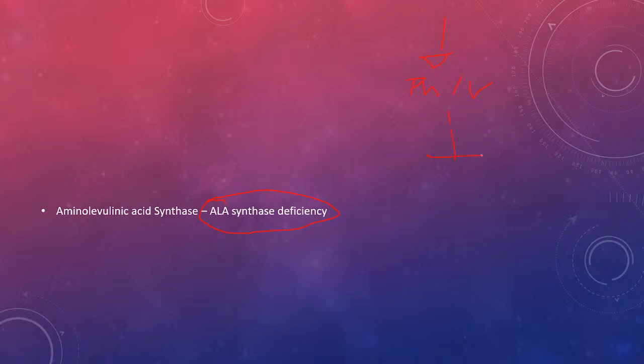Because it will bind to globin to form hemoglobin. And this particular portion will bind to iron. It's already bound to iron before binding to globin to form your hemoglobin. So without aminolevulinic acid, you will not have your porphyrin IV.